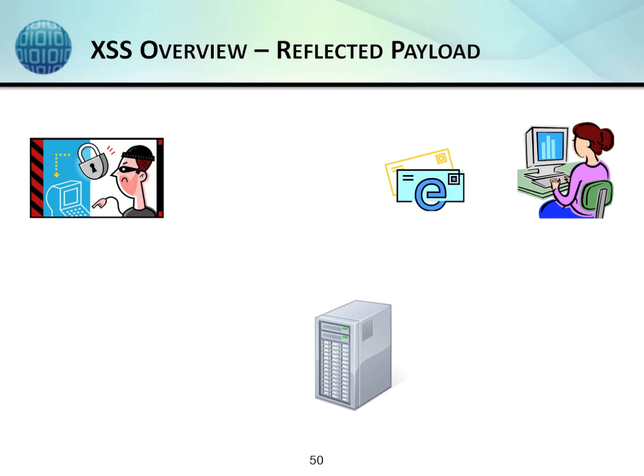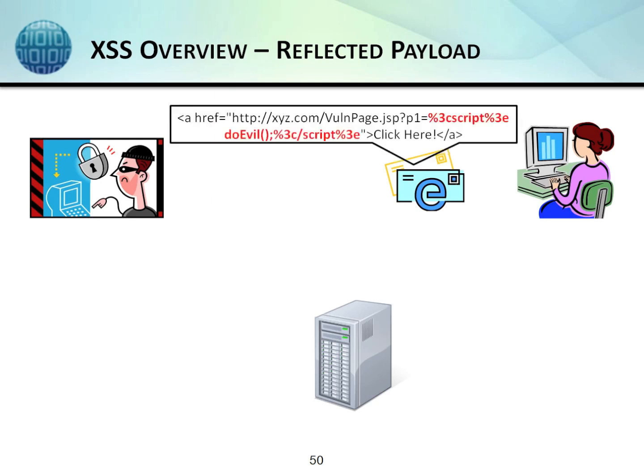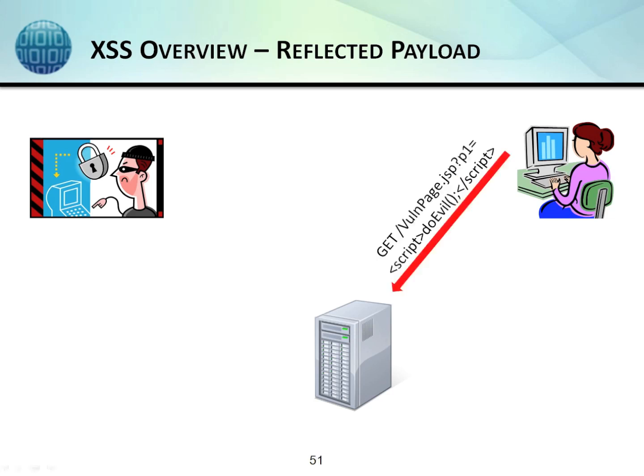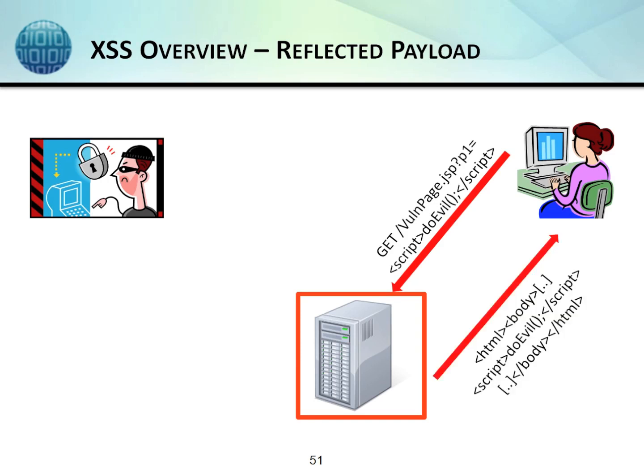One way you could possibly do that is by sending them an email, and that email would contain a link to the vulnerable website with the payload embedded, and the unsuspecting user clicks on that, which then results in a request being issued from her browser back to the vulnerable site with the payload embedded. The site is infected. The response comes back, and now, again, the code executes against her.